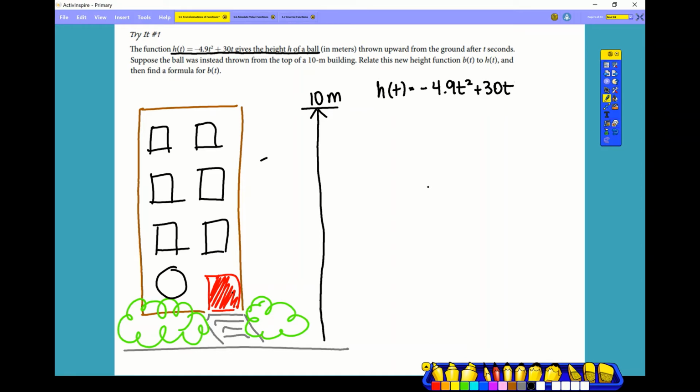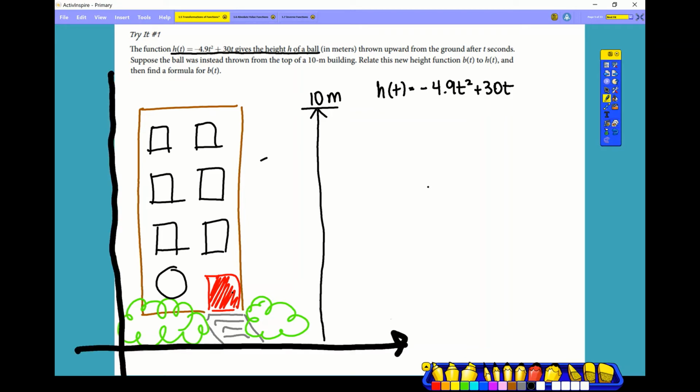One way we can think of this, let me get a bigger pen here, is this 10 meters, we can create an axis like this, where you would essentially place the building at the origin, and then you would start here.